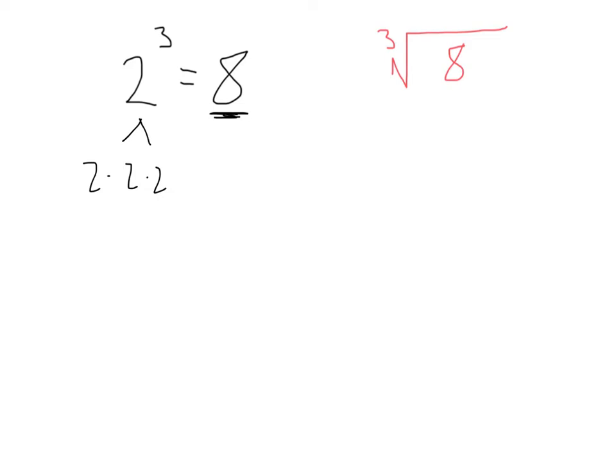So here we have the cube root of 8. Now, instead of looking for something that's squared, we're going to be looking for something that's cubed, or we're going to be trying to match groups of 3. So this 8 would be the same as 2 times 2 times 2, or 2 cubed. And since we have a group of 3, this is going to equal 2.